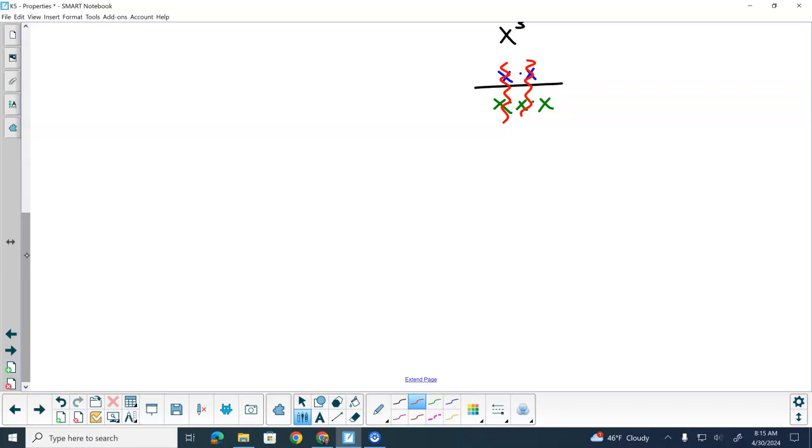This is crossed out, right? This is crossed out, right? So what's the only thing that's not crossed out? X. Where is X? On the bottom. So X has to stay on the bottom, because that's where it's not crossed out. So this one would be, then, we would have an X on the bottom.